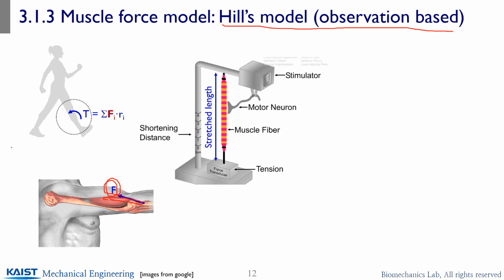One simple example of the experimental setup looks like this. You have a muscle fiber extracted from an animal, and there is a motor neuron connected. Basically your brain sends nerve signals to make the muscle contract. However, this is simply an electrical signal.